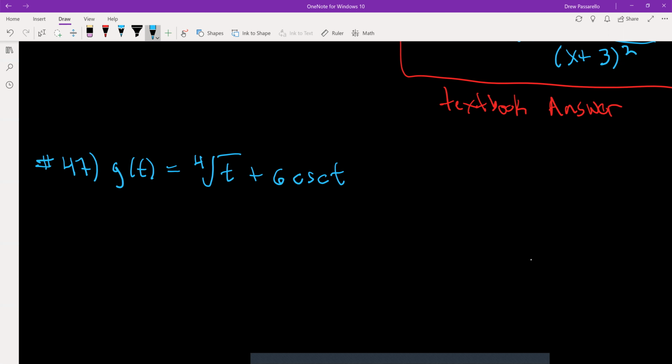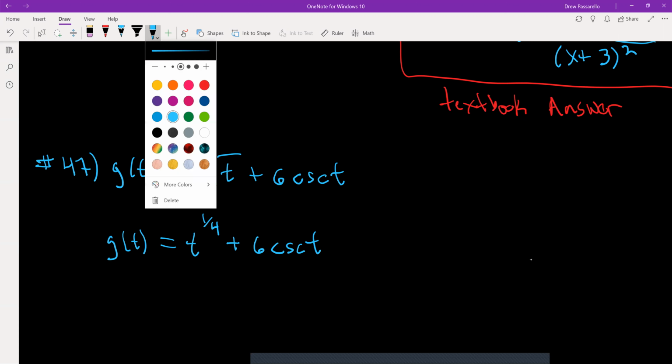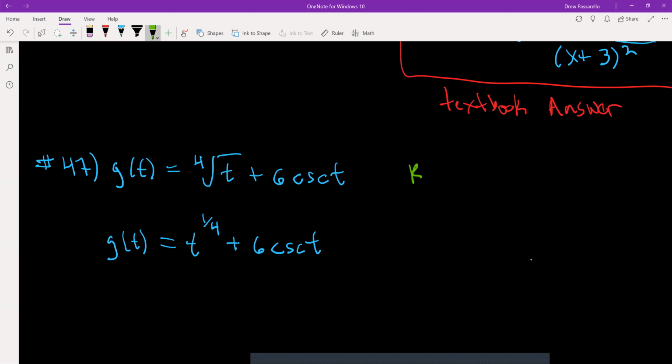And you can write the fourth root of t as t to the 1/4 power. And then I have plus 6 cosecant of t. And so recall that if you have the nth root of a, that's the same thing as a to the 1 divided by n, 1 divided by the index of the radicand.